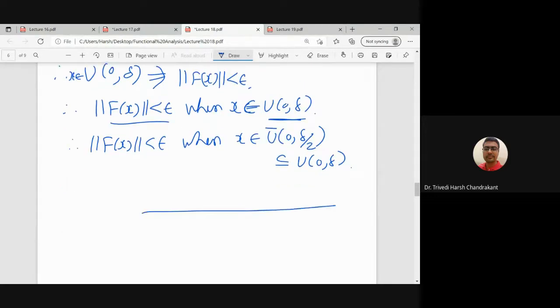So if we have any ball of radius delta around origin, and if we take a closed ball of radius delta by 2, that means the boundary we are also taking.